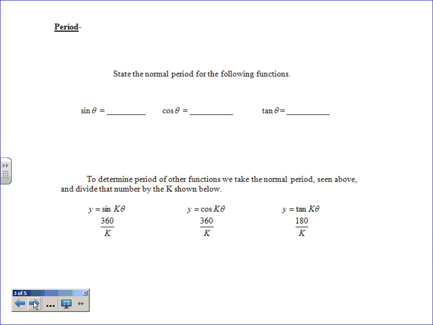That's about it. Period. Somebody, was it this class or the other class that used that word? I think somebody used it the other day in class. The number of degrees, or you could say the amount in radians if you want, but most of us prefer degrees. The number of degrees needed for the graph to begin repeating. And when you graphed those by hand, did all 6 of them eventually start repeating?